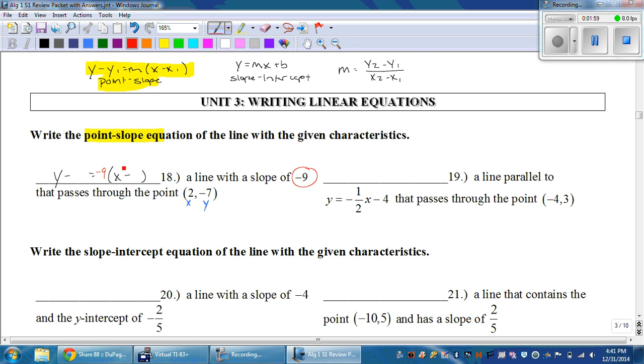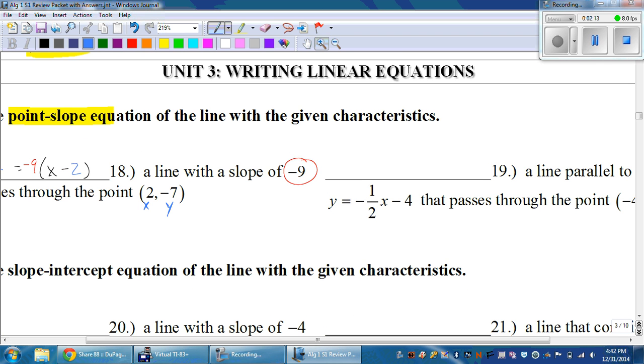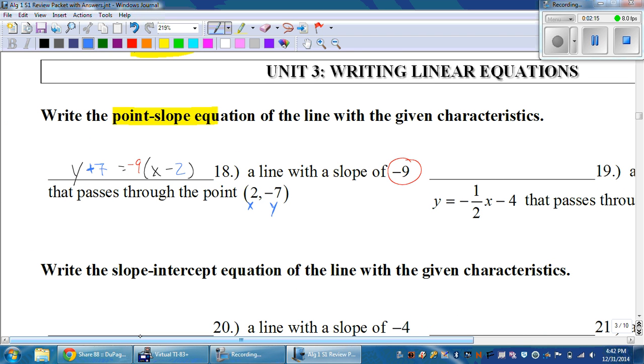That's where the m goes because that's our slope. And now the x is 2 and the y is -7. And when we have two negatives, that turns to a positive. Okay, so we have y plus 7 equals -9 times (x minus 2).